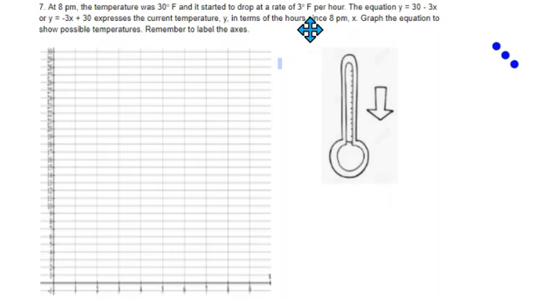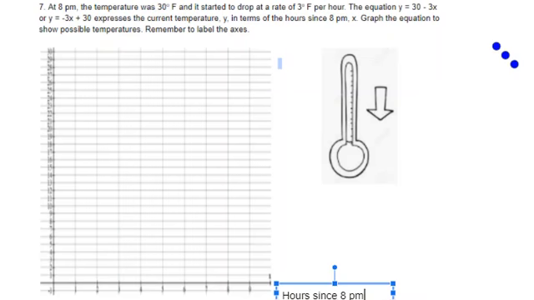So it says x is the hours since 8 p.m., so I'll create a text box for that. There's not much space below it, so I'm going to do it right here. Hours since 8 p.m. And then the y-axis, I need to go back. It says it's the temperature.